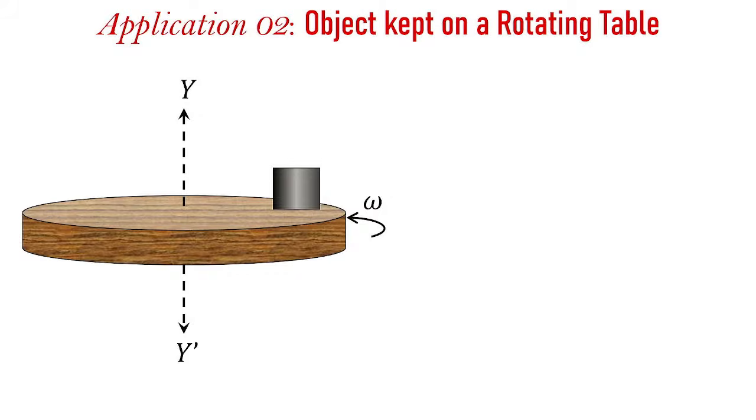First one, weight, normal reaction, friction. Okay. To which direction? Because this is in a circular motion, we must have a source which provides the centripetal force. Who is the source here? Friction.